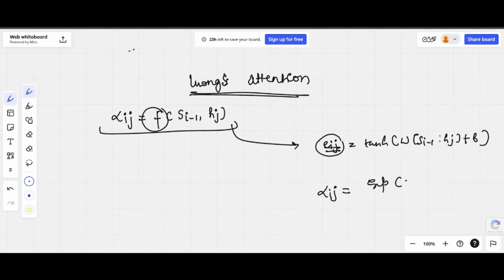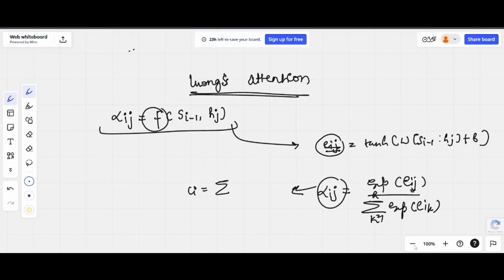So the softmax function is the summation over whatever e_ij's you have. Let's say you have n h_j's, so that will come here, exponent of e_ik. And then from this alpha_ij, c_i was calculated, which was the summation of alpha_ij h_j.